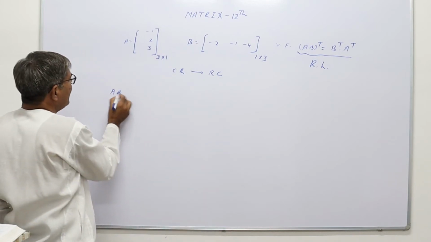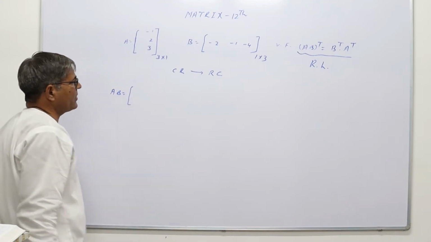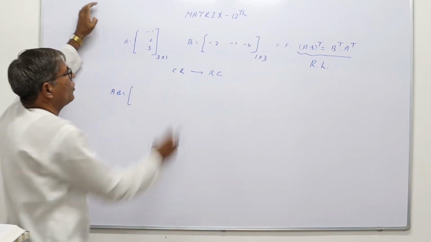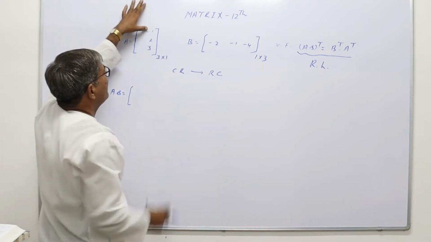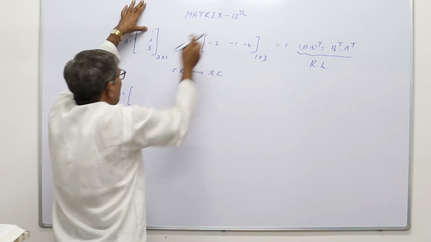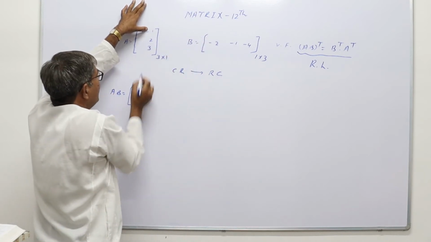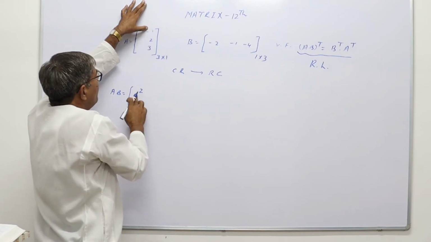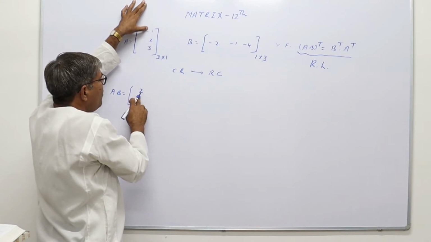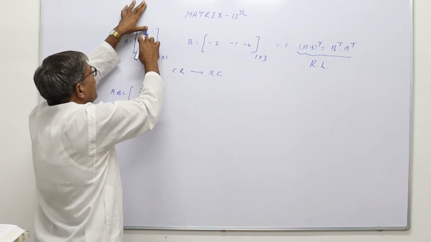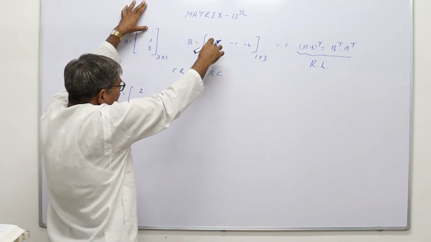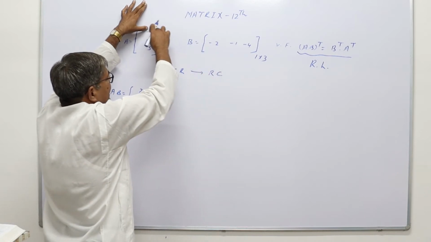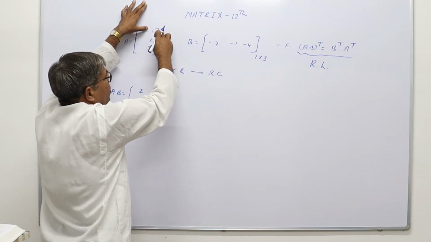So how will we find AB? A multiplied with B, so multiply row with column. First row, first column, that is minus 1 into minus 2, that is plus 2. So it is first row first column. If in the first column some more elements were there, then there should be some more elements in the row also.